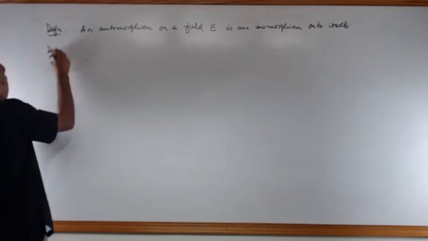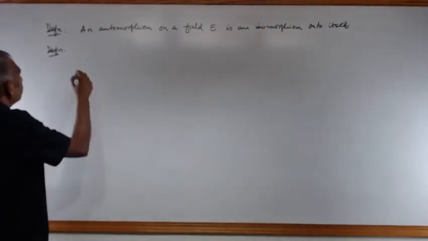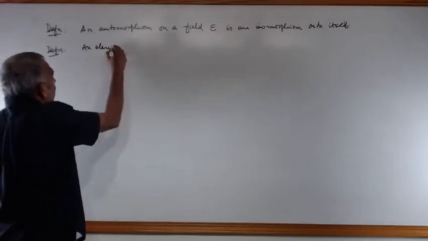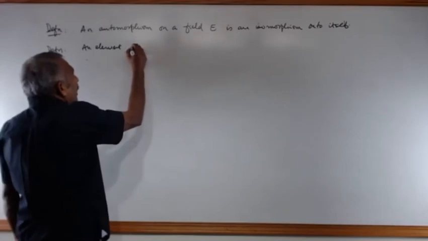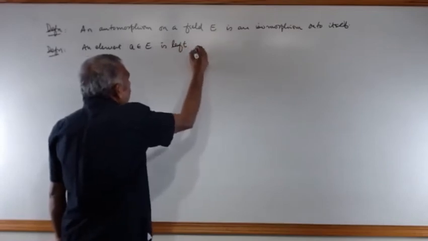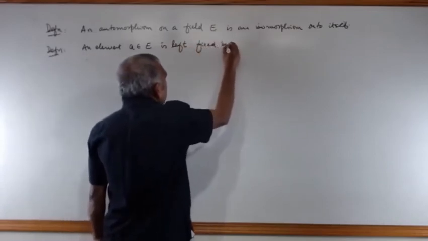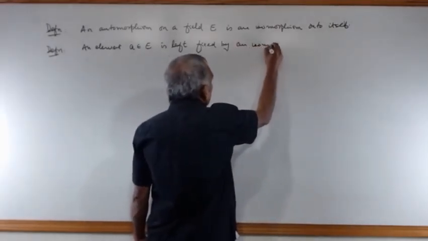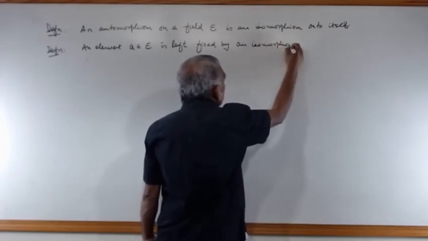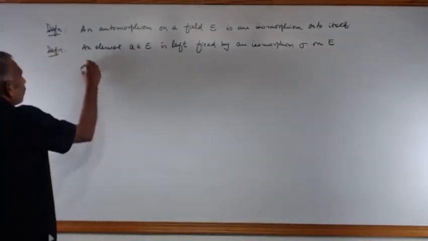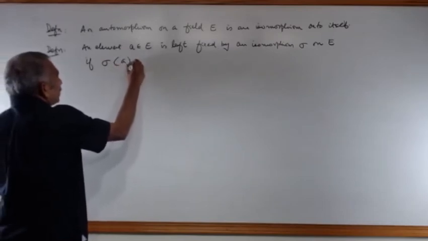The next definition is: an element a belongs to E is left fixed by an isomorphism sigma on E if sigma of a is equal to a.